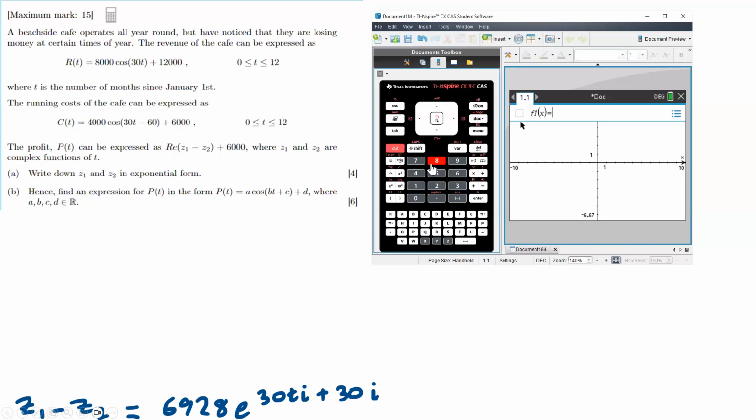So I'm just going to do that now. I'm going to type in here 8,000 multiplied by the cosine of 30x, and then subtract from that the cost equation in brackets, 4,000 multiplied by the cosine of 30x minus 60.